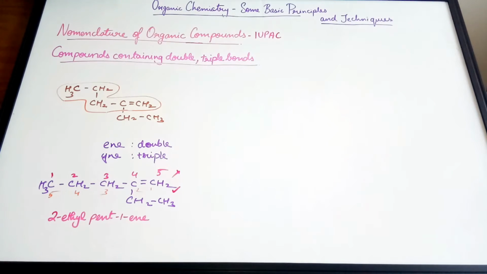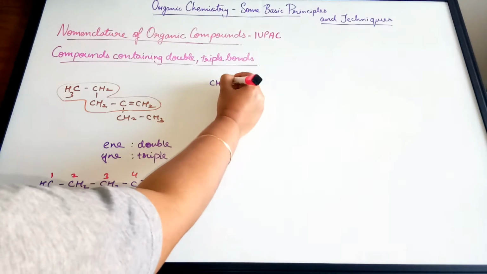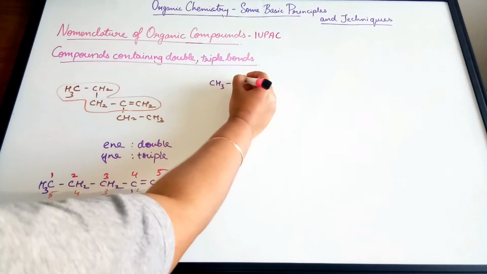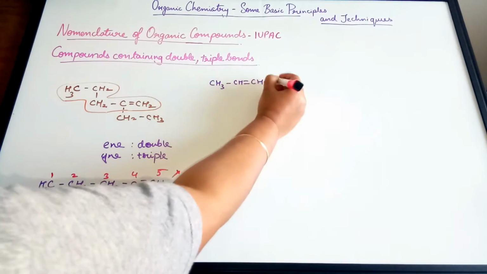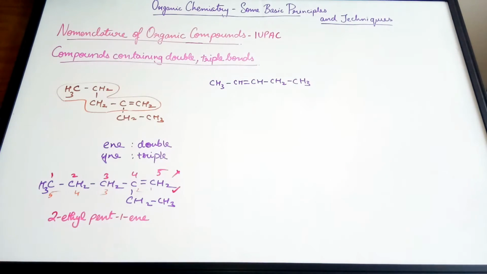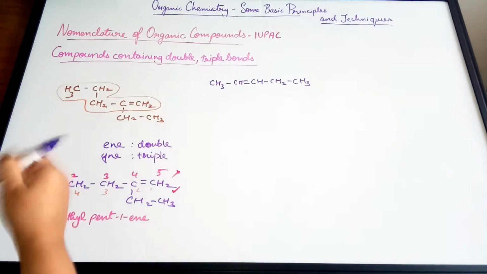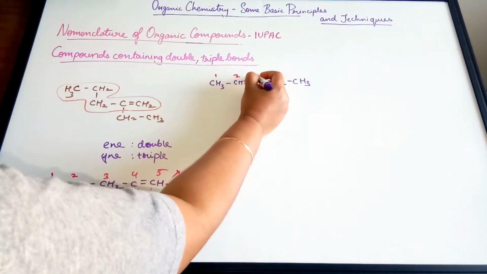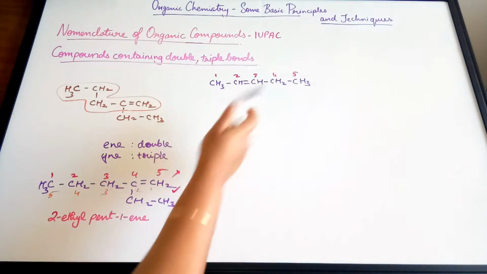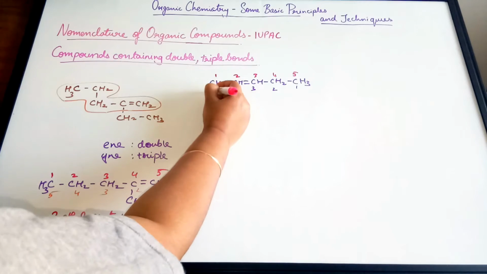I'll give another example for the same. Let's assume we have CH3, CH, a double bond, CH, CH2 and CH3. So the numbering can either be from left to right or right to left. So 1, 2, 3, 4 and 5, or it can be 1, 2, 3, 4 and 5.